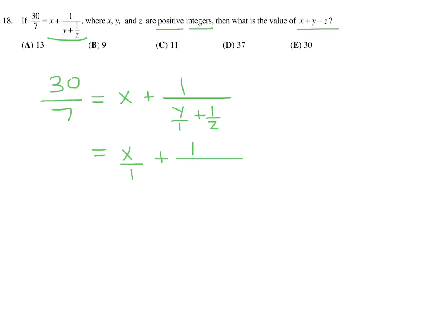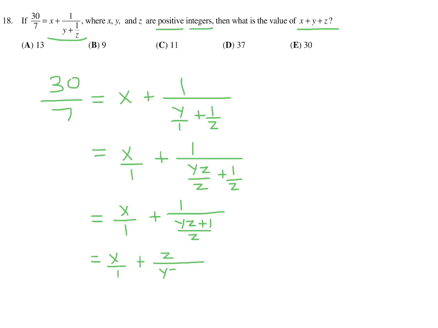If you get a common denominator, you're going to have to multiply top and bottom by z, like that. Then this will be 1 over yz plus 1 over z. Then you invert and multiply, so you get z over yz plus 1.